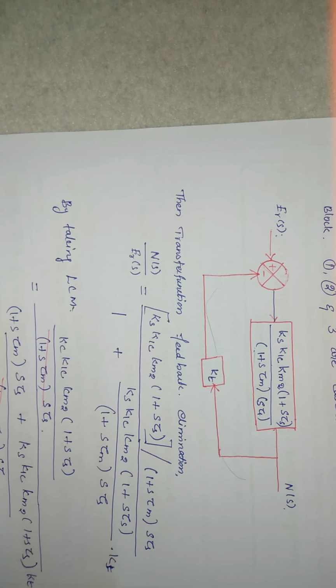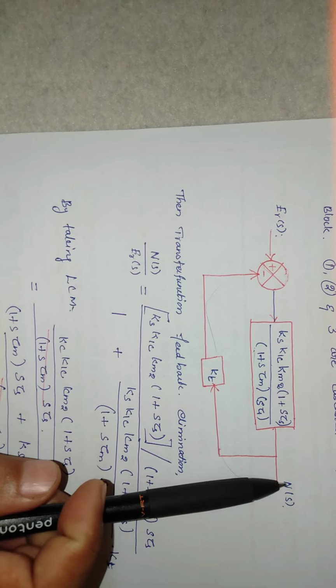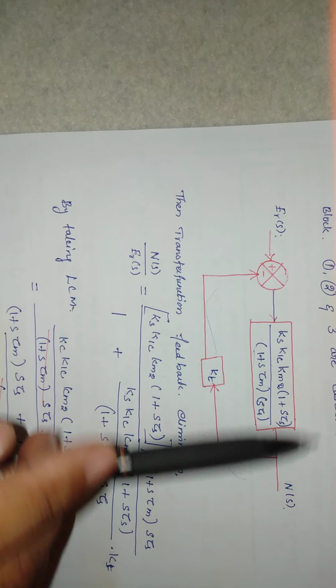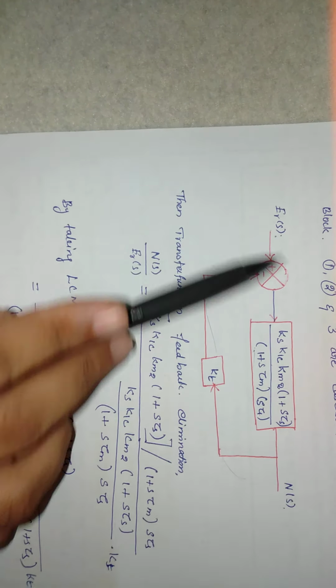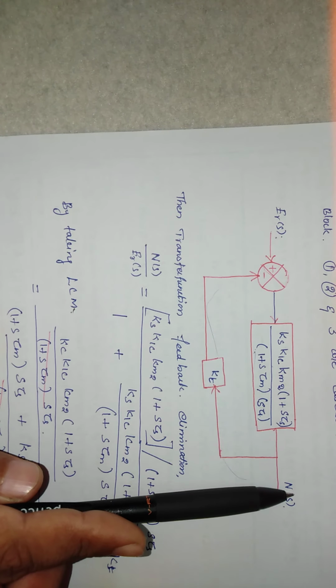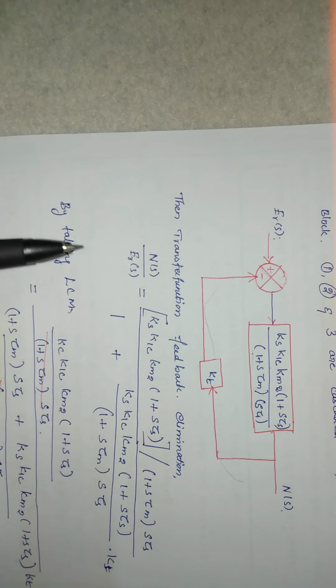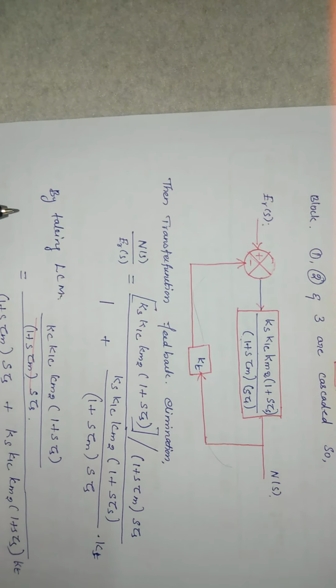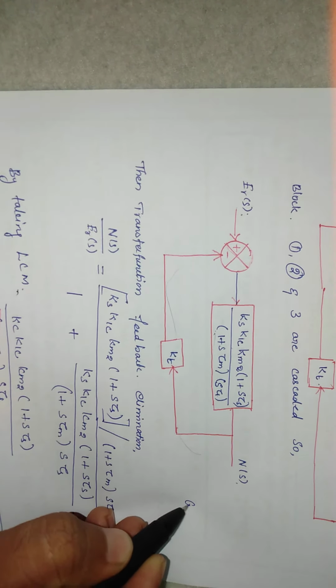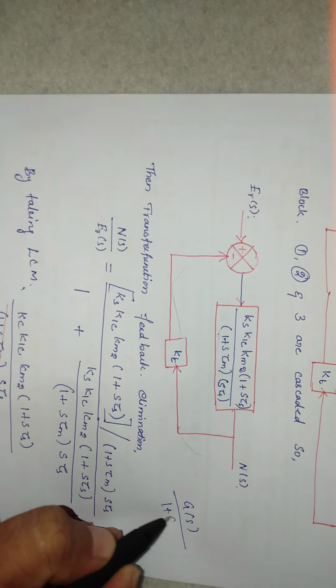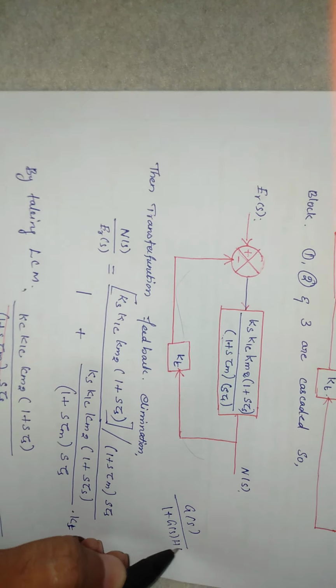Now we can draw the transfer function because we have output divided by input. The output is n of s divided by the input er of s. So we know the formula of the transfer function: g of s divided by 1 plus g of s h of s.